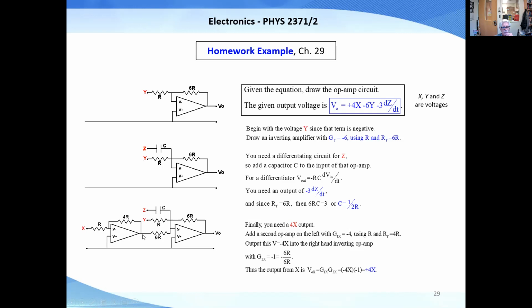So here you're going to get a voltage that's minus 4X. And then it's plus 4, so you just need a gain of minus 1. So from minus 4X, 6R here and 6R here gives you a gain of minus 1. So you have a minus and a minus, so then you're going to get out a plus 4X.